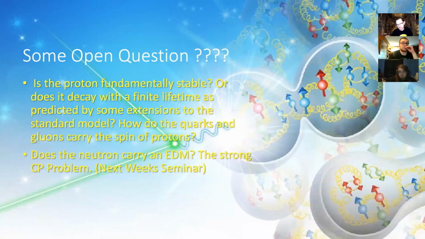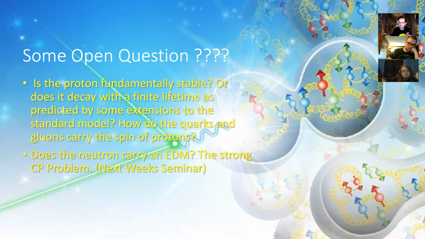I have 2 more slides and then we're done. If you're really, really careful, you can start to ask other interesting questions, like is the proton fundamentally stable, or does it decay with some lifetime, and does QCD predict this? How do the quarks and the gluons carry the spin of the proton? A proton is a spin object, but we know that it's not really just made of these 3 quarks.